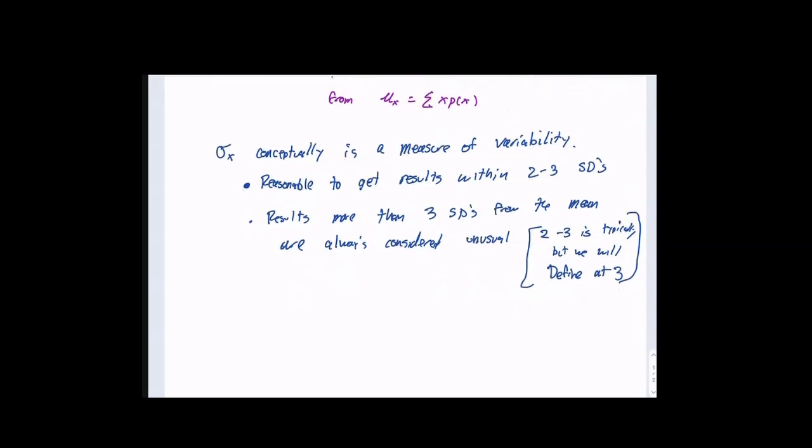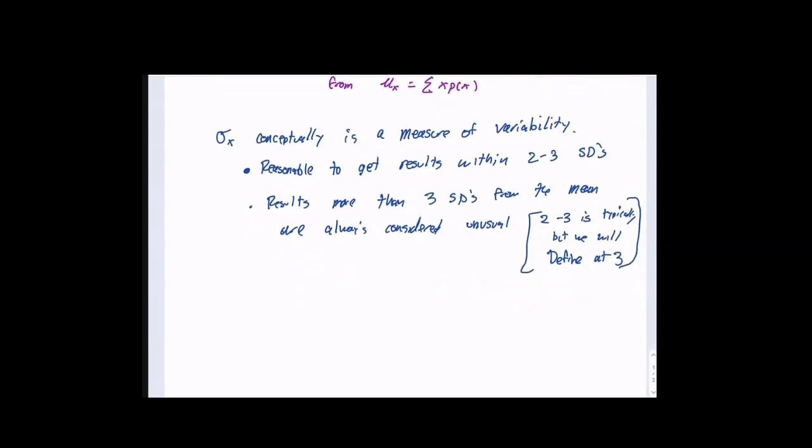I mentioned this before when we were talking about the normal model and the idea of unusual. You get a result, and it's like, I expect to win $20. The game told me I should win $20 on average. Okay, you won only $5. Is that unusual? Well, we can look at how many standard deviations.